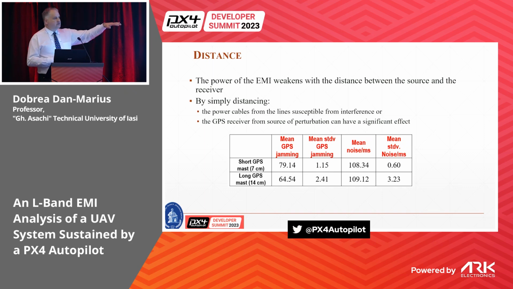In all the recordings done up to this point, I used a short mast of 7 centimeters. When I use a long mast of 14 centimeters, we get, as expected, lower jamming values, around 15.